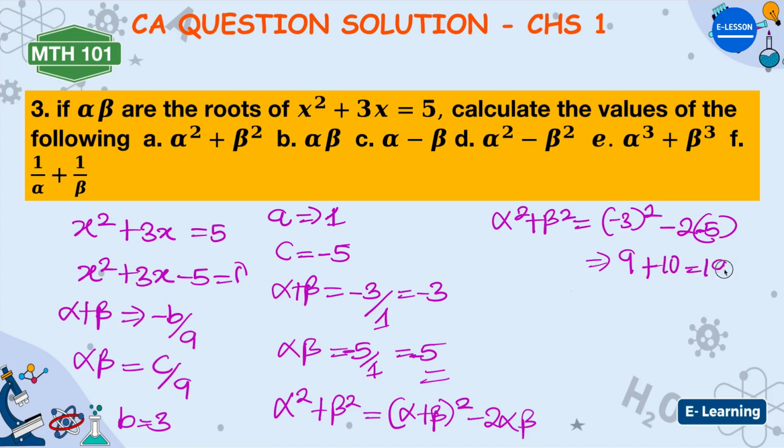So 9 plus 10 will give us what? 19. So our alpha squared plus beta squared is equal to 19. Is that okay? Now, the next one is alpha minus beta squared. This one has a way of expressing it which says alpha minus beta squared is alpha plus beta squared minus 4 alpha beta.